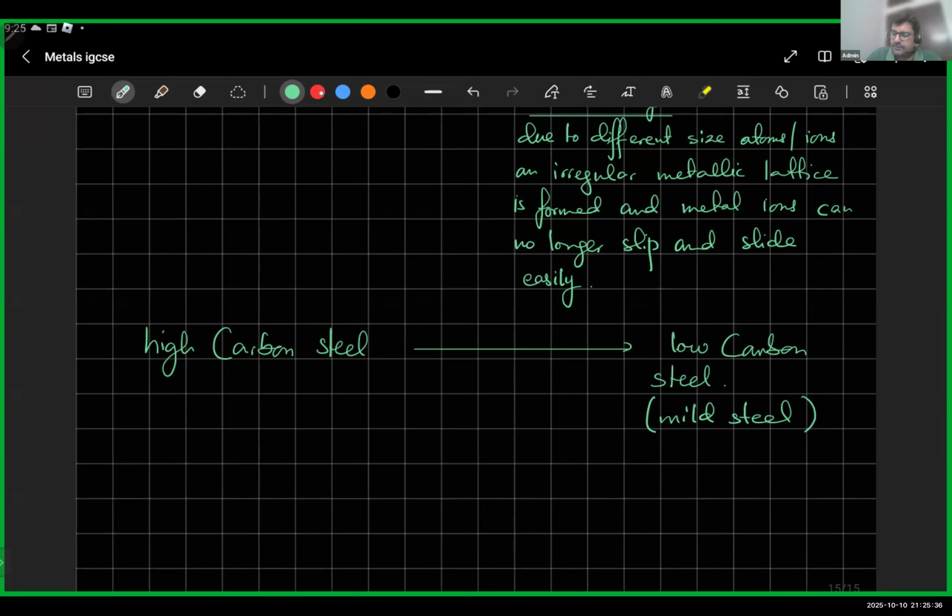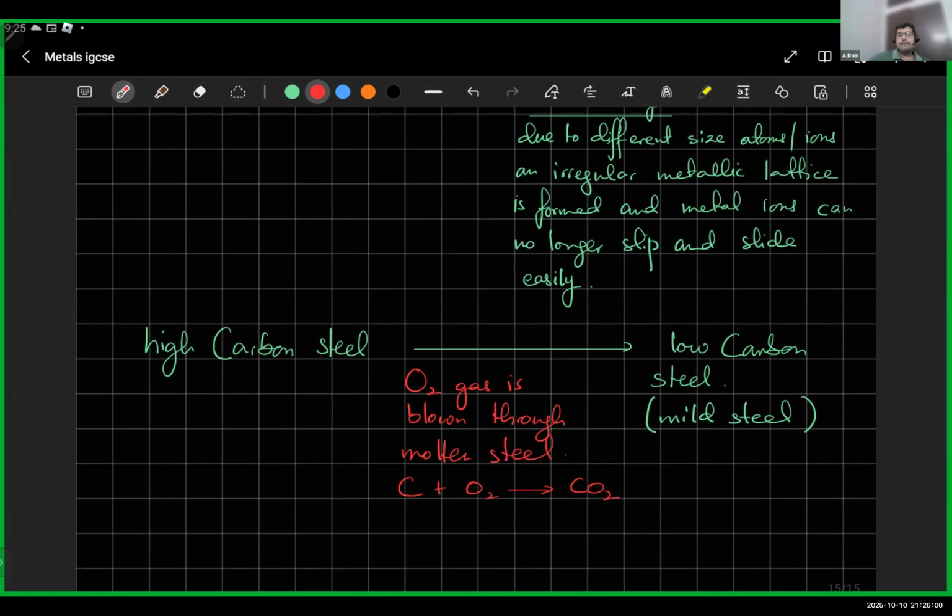Uh, so oxygen is blown through it. So what will happen is oxygen is going to react with the extra carbon and it will form carbon dioxide, which will escape.